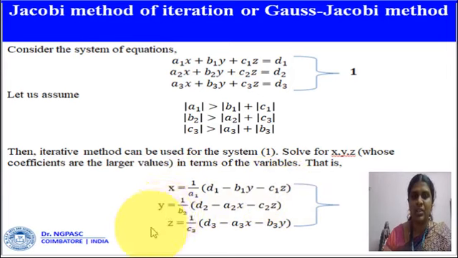Likewise, for the second equation, y is equal to 1 by b2 into d2 minus a2 x minus c2 z. For the third equation, keep the z term on the left hand side and take all other terms to the other side, so z is equal to 1 by c3 into d3 minus a3 x minus b3 y. This is your order of x, y and z. You must not change the order. After checking dominance, the same order should be maintained throughout all the iterations.